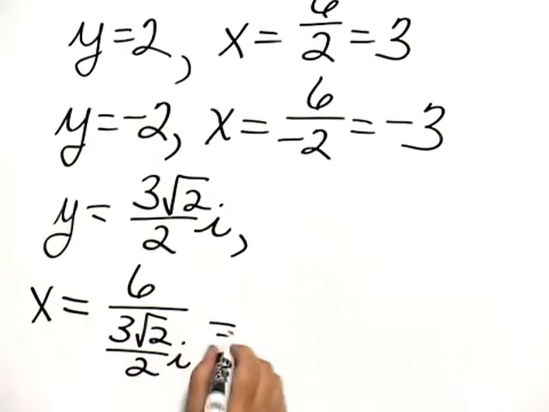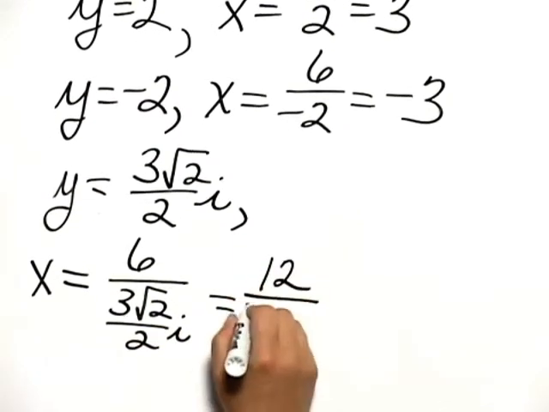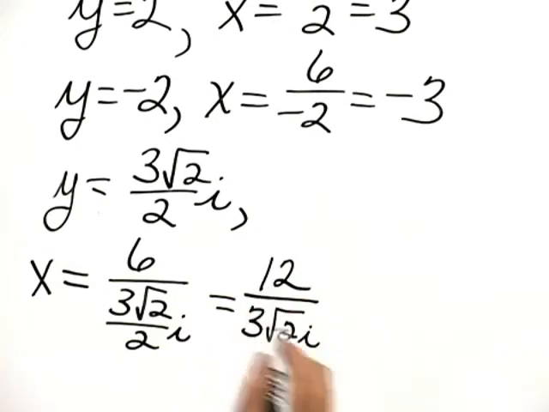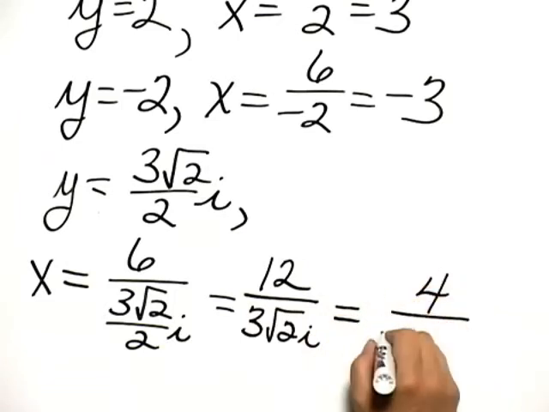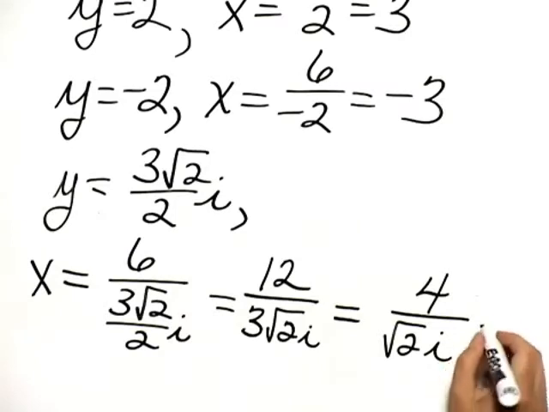We simplify, we would divide by this, which would give us 12 over 3 square root of 2i. And 12 divided by 3 is 4, which gives us 4 over square root of 2i. Now we don't want to leave it this way. Let's multiply the numerator and denominator by the square root of 2i.